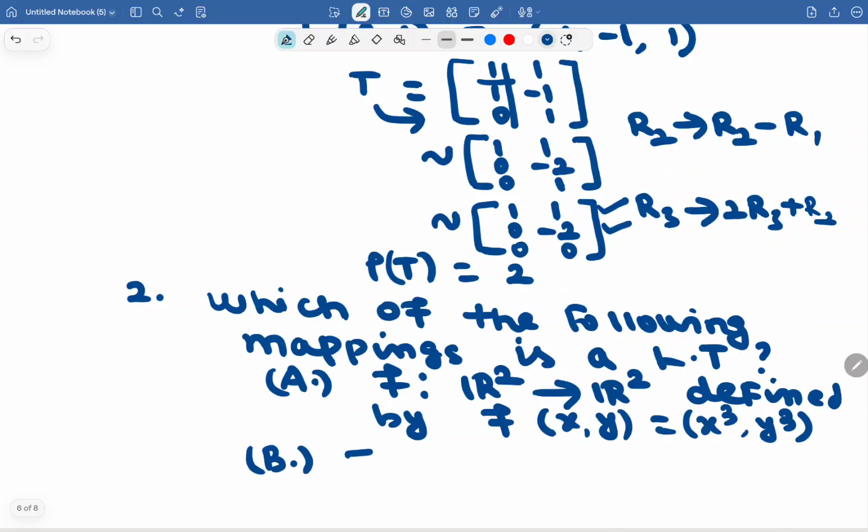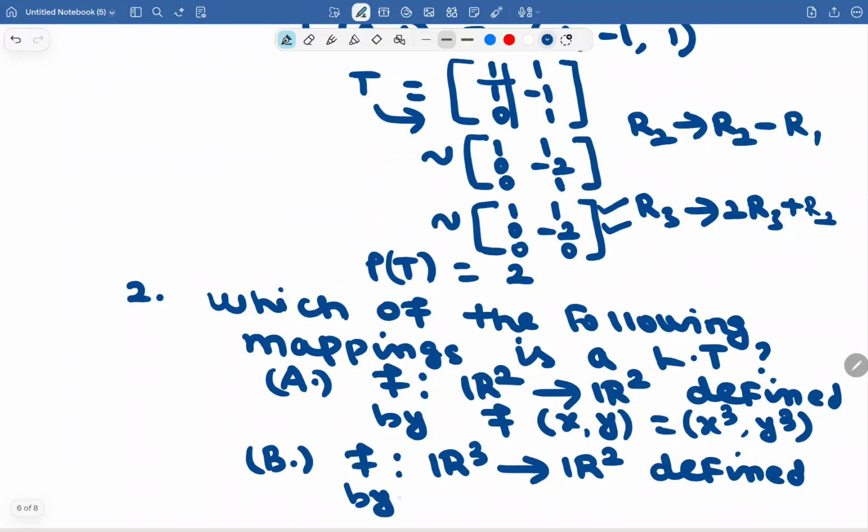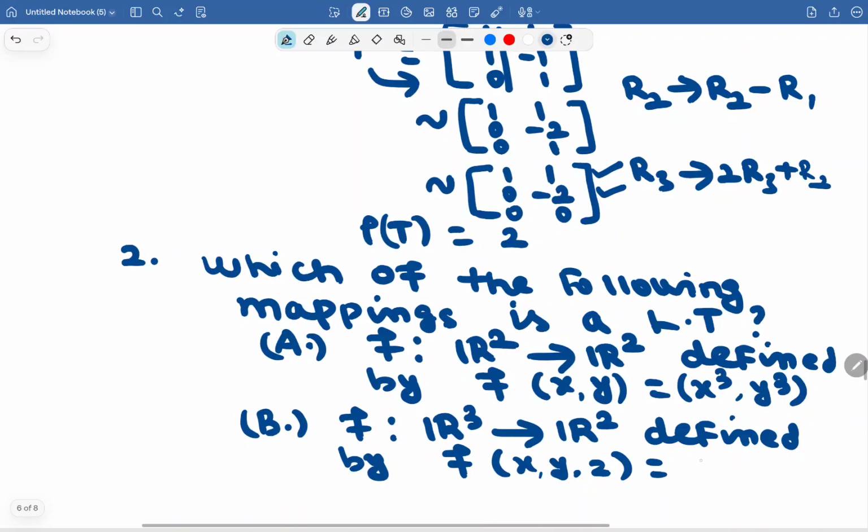Option B: F maps R3 to R2 defined by f of x comma y comma z equals z comma x plus y.